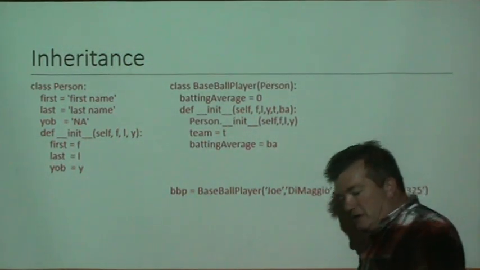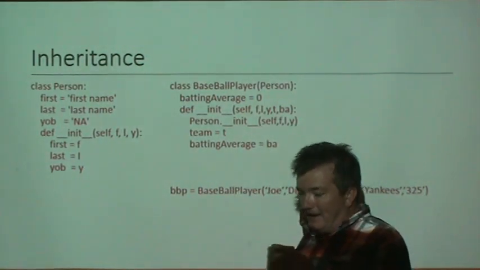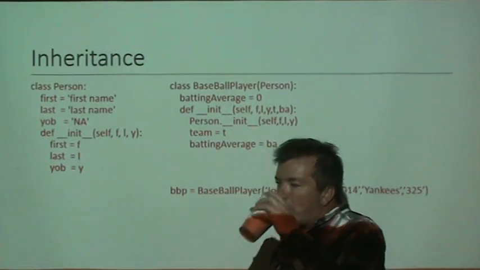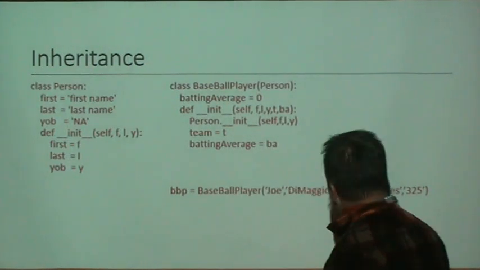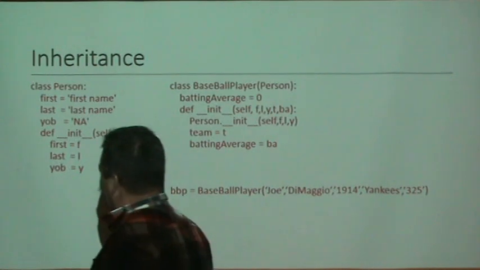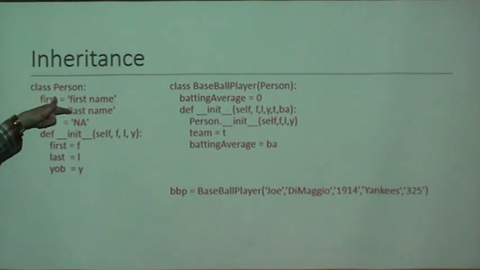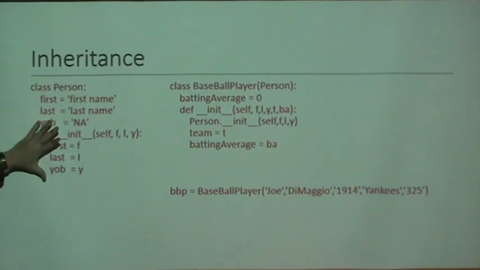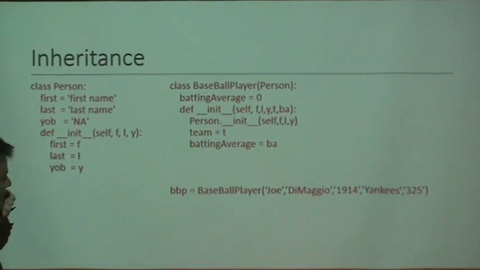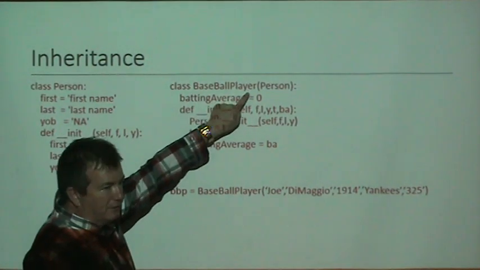So back in the 1980s, when C++ came out, they came up with the idea of inheritance. So inheritance is effectively, we have a class called person. It has a first name, a last name, and a year of birth, and an init function when we create one. And then we have a class called baseball player.